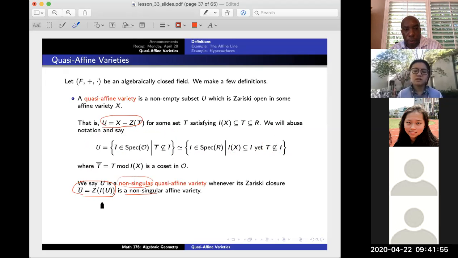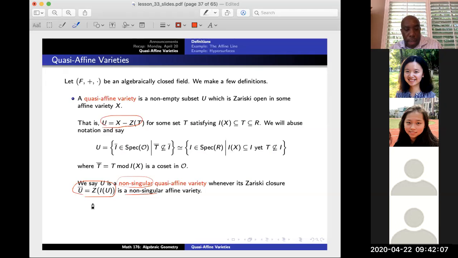Then we can look at the zero set of that ideal, and that's what we're calling the Zariski closure. This should be a non-singular affine variety if we want U to be a non-singular quasi-affine variety. Similarly, we can define the dimension of our quasi-affine variety as just the dimension of the Zariski closure, because the Zariski closure is itself an affine variety.